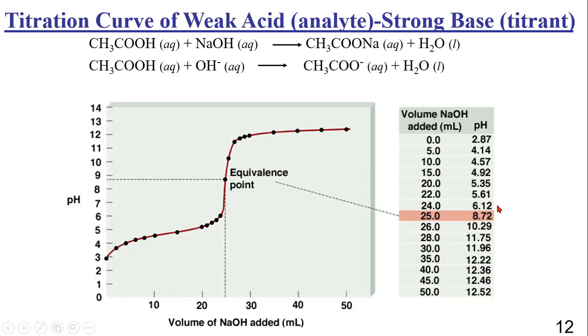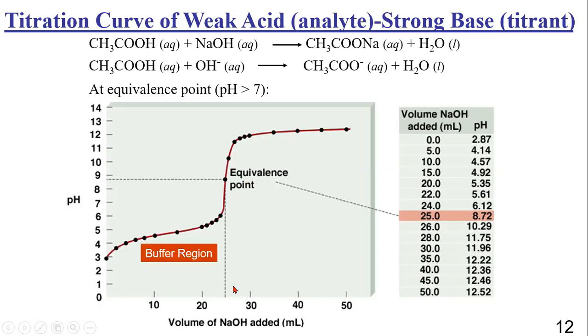And then I also have an increase, and yes, it is a sharp increase overall, but again, not as sharp. So I go from 24 milliliters, pH 6, to 26 milliliters. So 2 milliliters, I jump 4 pH units. So this increase is not as sharp as we would have seen in the strong acids. Well, those are the two major differences, really.